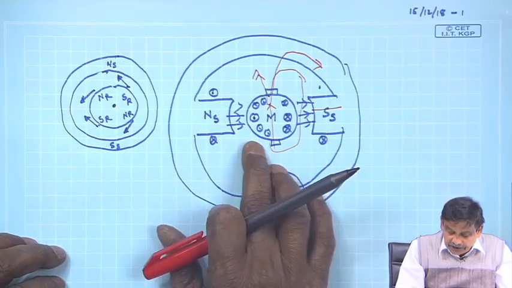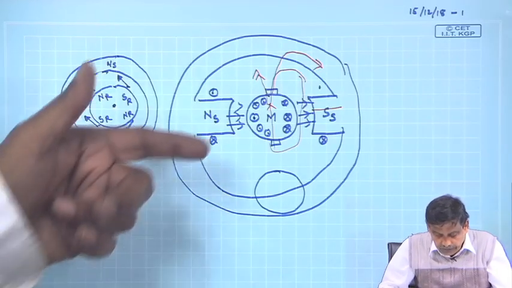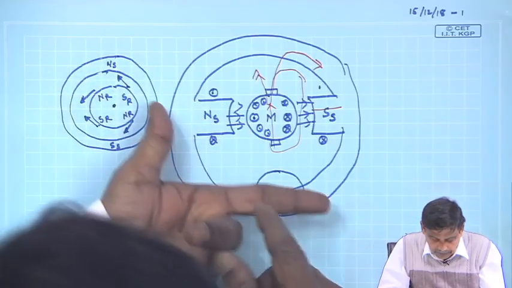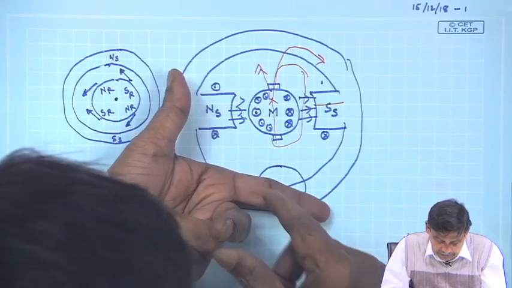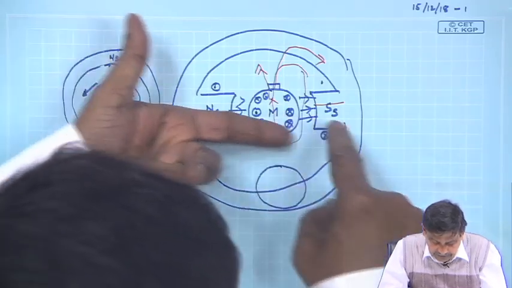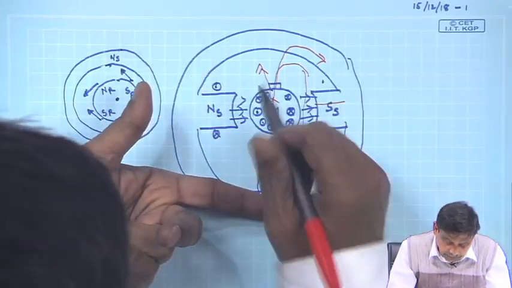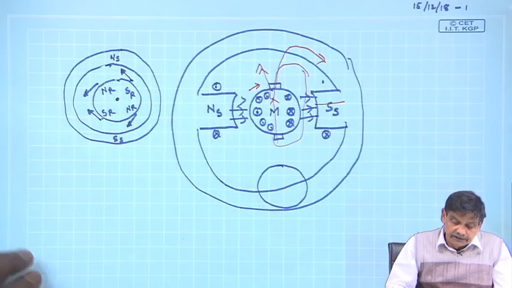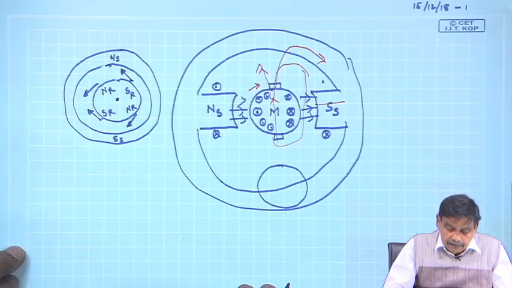It is motor operation, I have passed current. So, I will apply the left hand rule, here it is dot. I place my finger like this, the stator field is going like this, forefinger, this is the current. So, the direction of rotation will be like this. So, electromagnetic torque in motor mode operation decides the direction of rotor rotation.